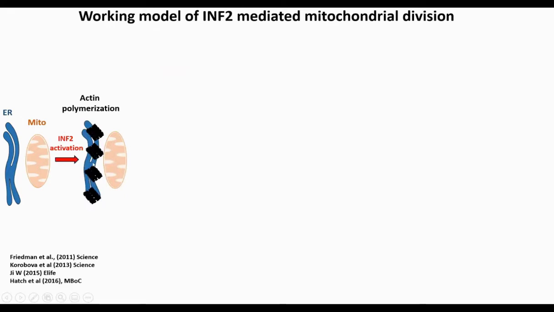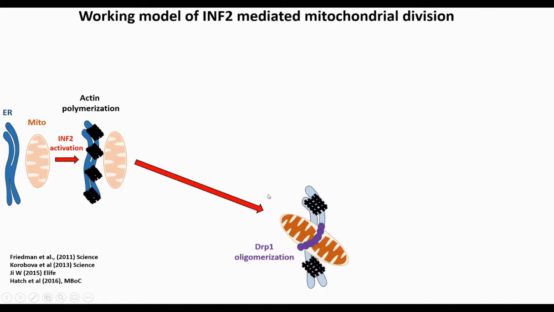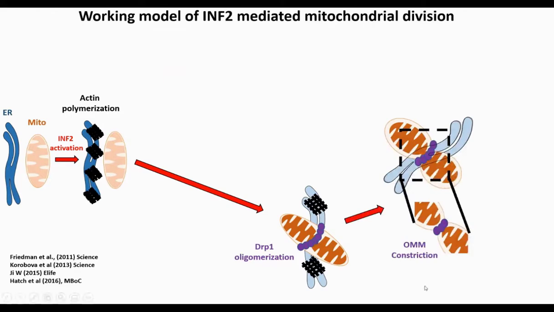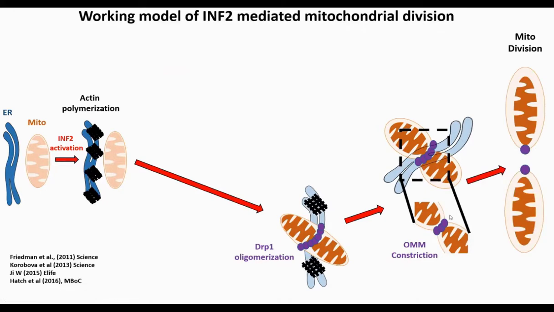And upon INF2 activation, there is a burst of actin filament polymerization on the ER that helps in the productive Drp1 oligomerization on the mitochondria. Because I showed you from the previous data that if you don't have this actin filament assembly, the Drp1 oligomerization fails on the mitochondria. And this Drp1, with its constrictive force, is dividing the mitochondrial outer membrane and thereby finally helping in the mitochondrial division.